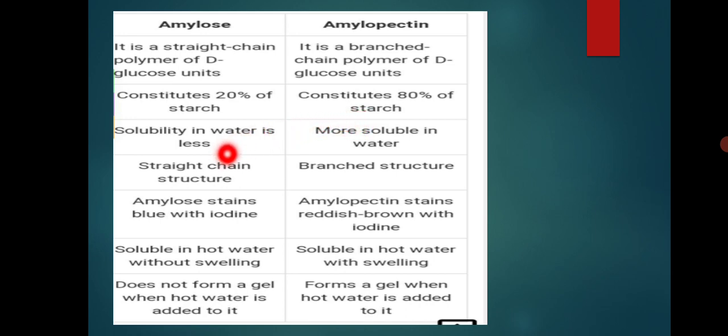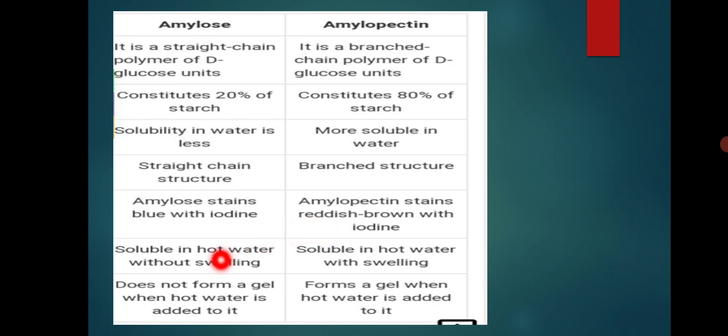Amylose is less soluble in water, and amylopectin is more soluble in water. Amylose is the straight chain of glucose units, and amylopectin is the branched chain of glucose units. Amylose stains blue with iodine, and amylopectin shows a reddish brown color when stained with iodine.